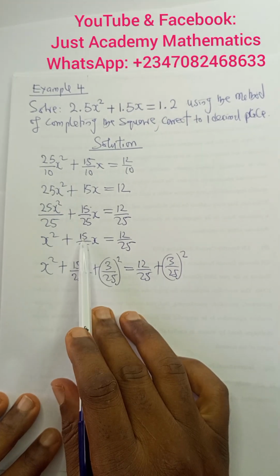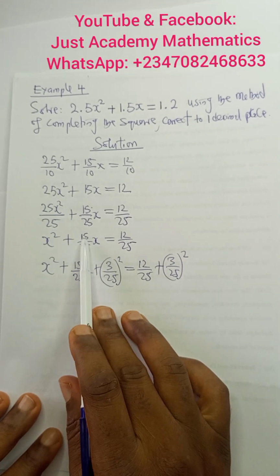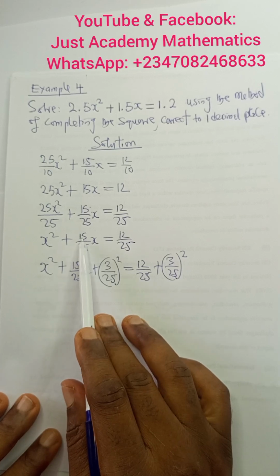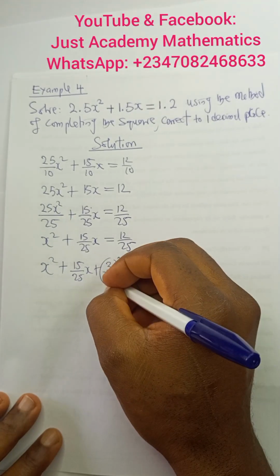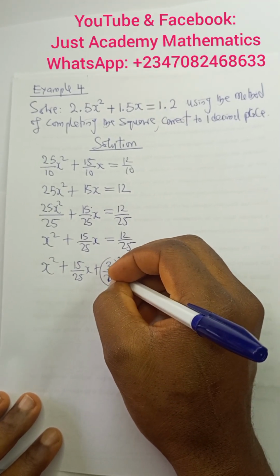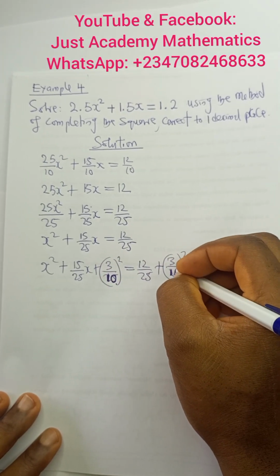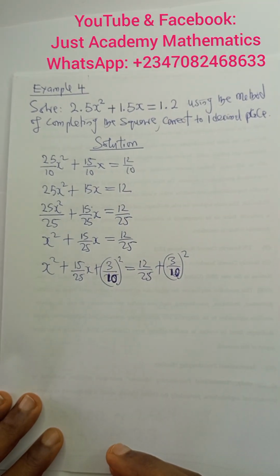Because normally here is 3 over 5. Half of 3 over 5 is 3 over 10, times the denominator with 2. 3 over 10 squared, not 25. That is a half. 3 over 10 squared.